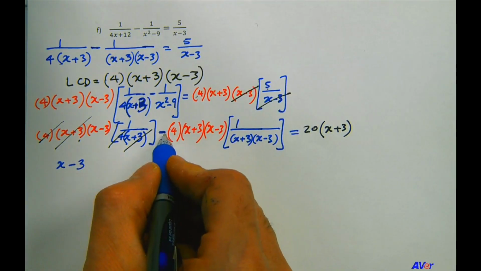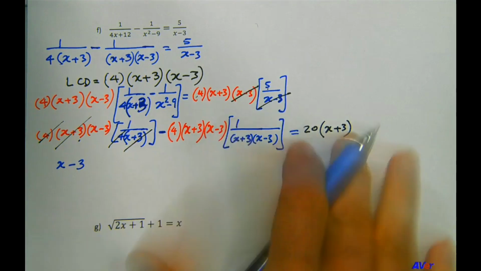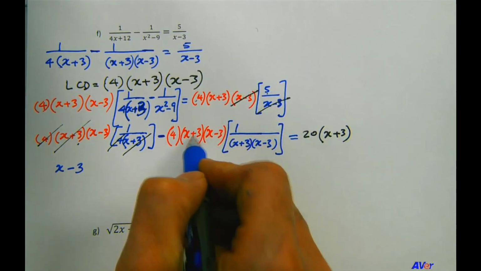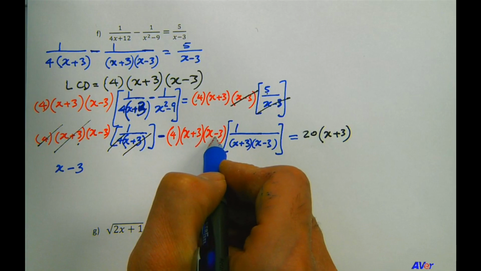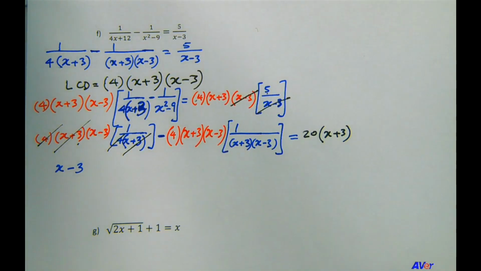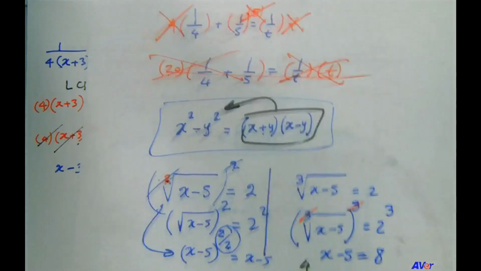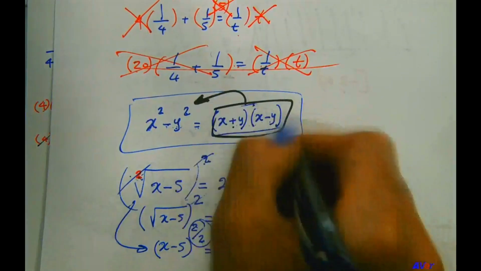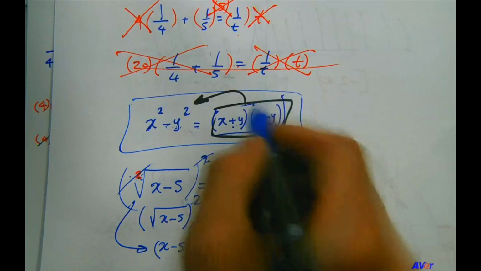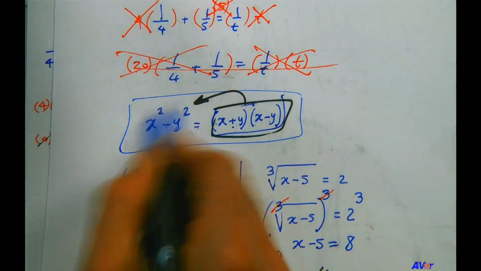Minus 4 times that. Remember that x plus 3 times x minus 3 is the same format as this formula. Right? That formula. So we can rewrite that like this, x squared minus y squared.